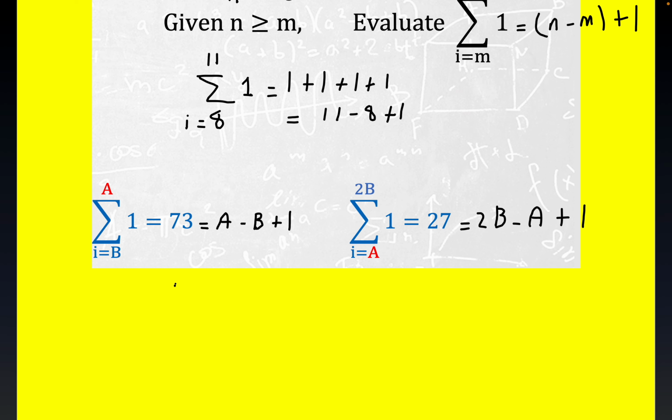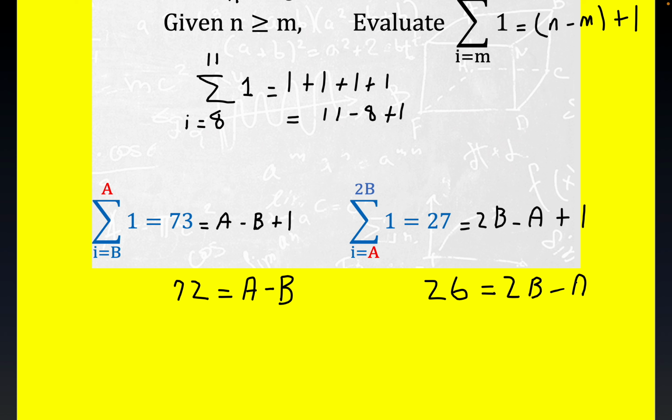Doing a subtraction, you'll get 72 is equal to a minus b. And over here we'll end up with 26 is equal to 2b minus a. A very standard problem with integer solutions. We can tell that's going to happen.